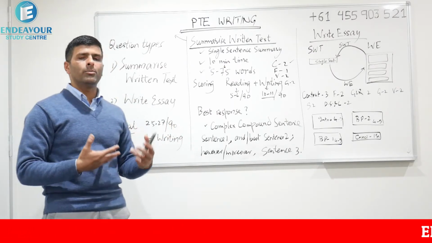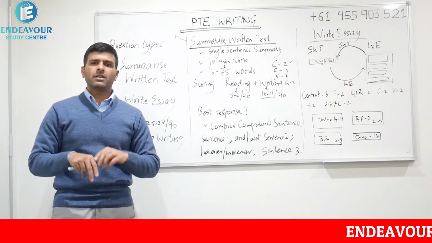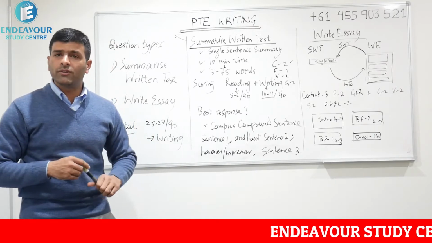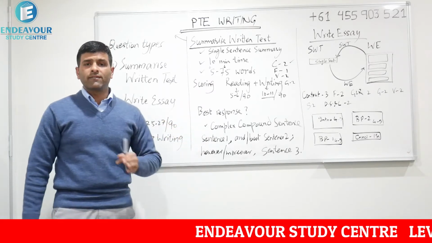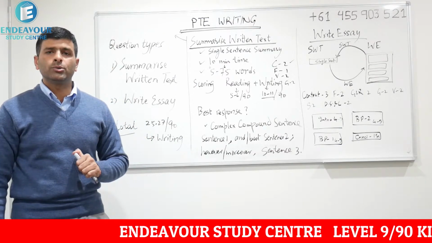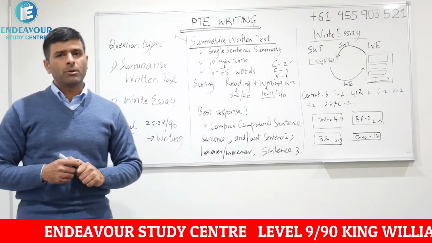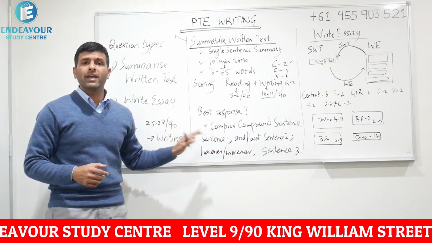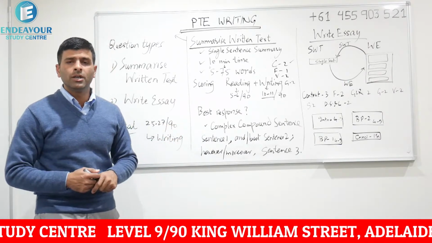Because when you communicate in English, especially in written English, a sentence is the basic unit of language, and at the level of 65 and 79 plus, they expect you to have knowledge of compound and complex sentences so that you are able to write those sentences when you need to.